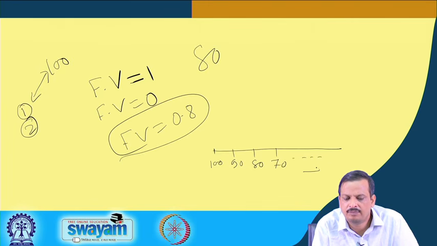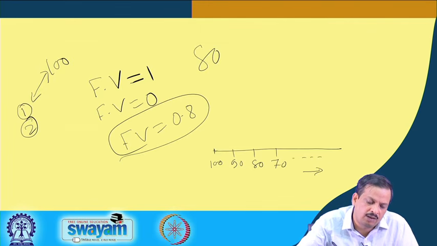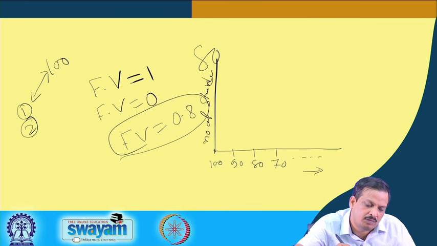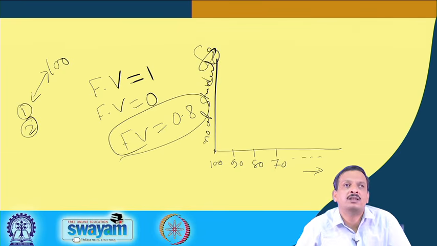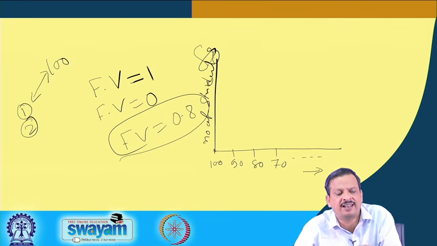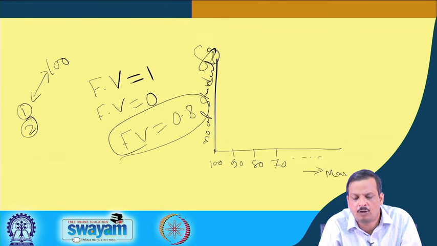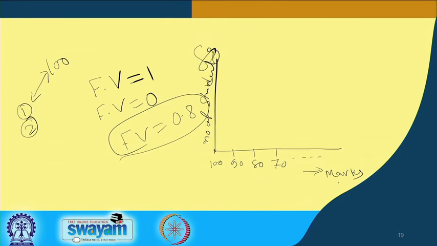On the y axis I take the number of students, and on the x axis the total marks obtained by the students, and then I plot this frequency curve.